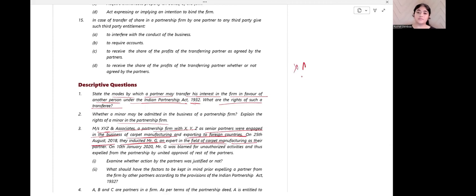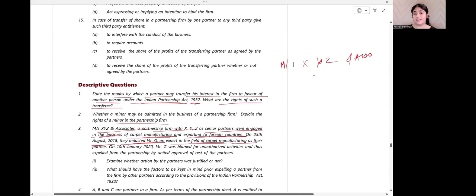Messrs. XYZ and Associates, a partnership firm with X, Y, and Z as partners. Now, they have three partners. Who are these partners?